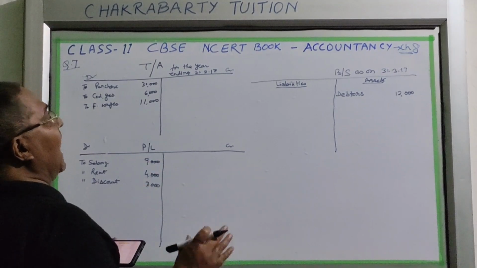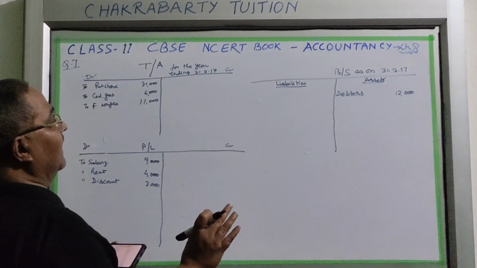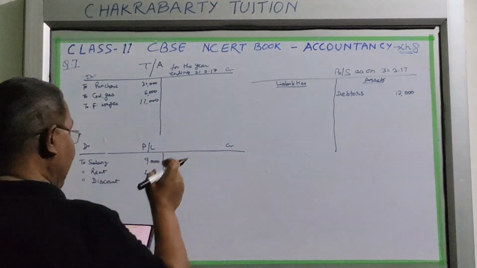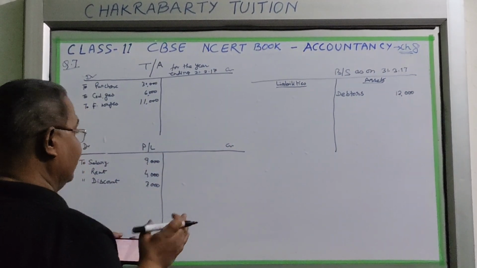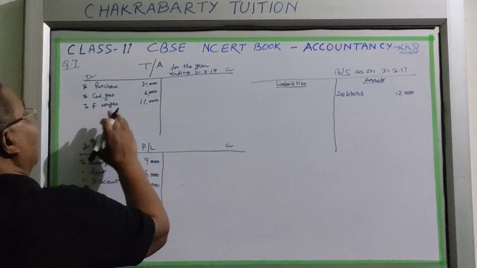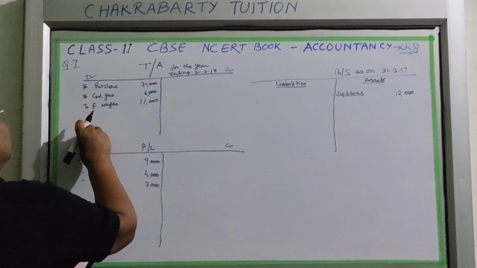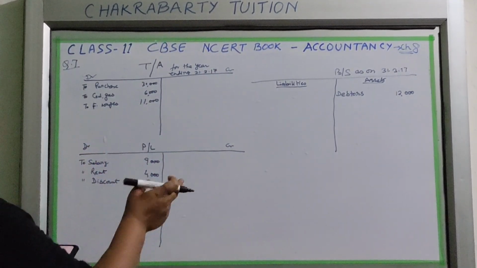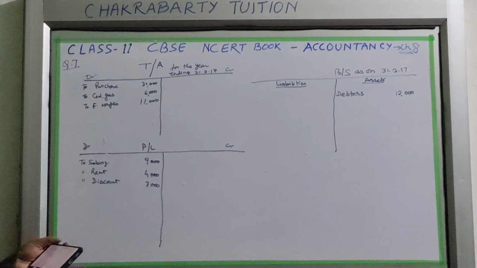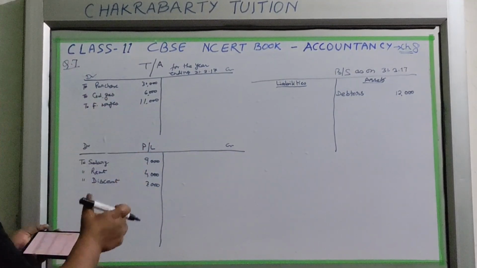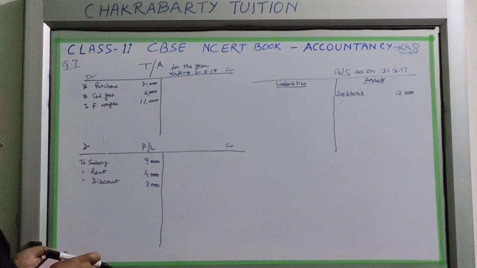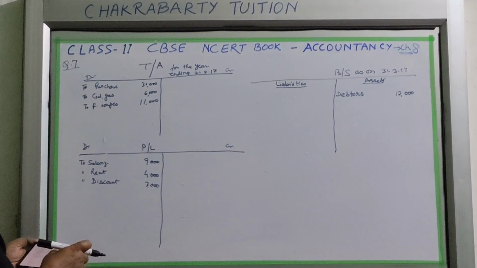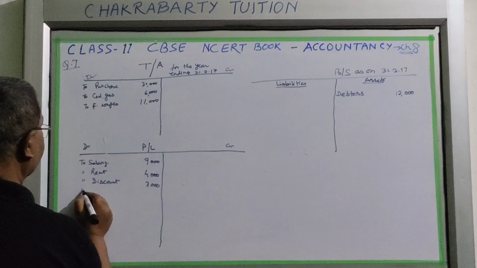Due to grouping, if any item changes its side, like purchase return, which is a credit item you want to take to the debit side, you put a minus sign before that entry. Now I will continue with the main thing. Discount 3,000, then advertisement 500.